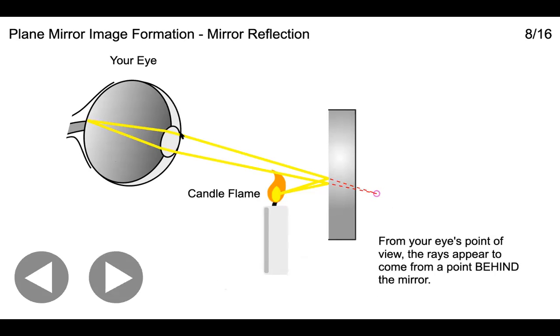If we follow those reflection rays back along these dotted lines, you can see that they intersect behind the mirror.